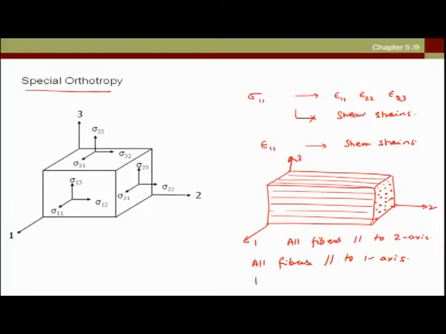Another case could be all fibers parallel to the 3 axis, and in that case also the same thing would be expected. And then the fourth condition could be a combination of these.